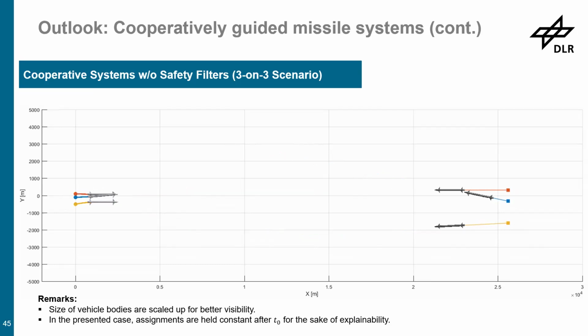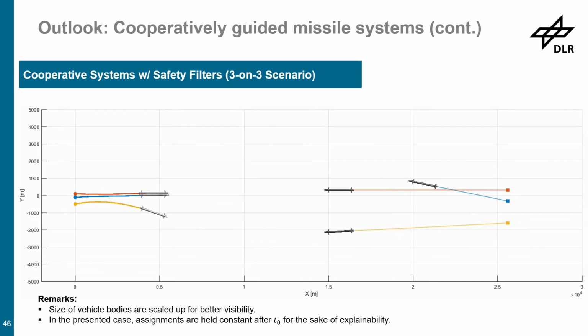There you see it again. And if you add a safety filter, you see the first two correcting themselves and trying to fly next to each other until one of them is out of the mission because it's colliding or intercepting. So the other makes the turn.